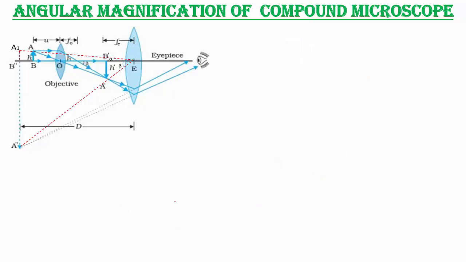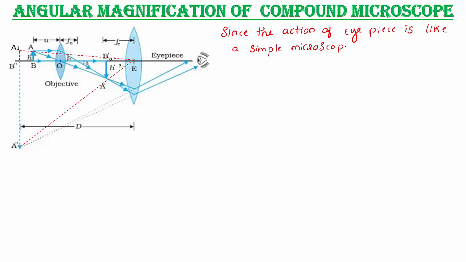See here, since the action of eyepiece is similar to, or just like, a simple microscope that we already studied in the last session, simple microscope under normal adjustment. So both are the same here.